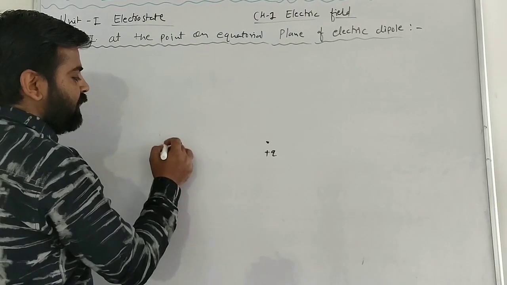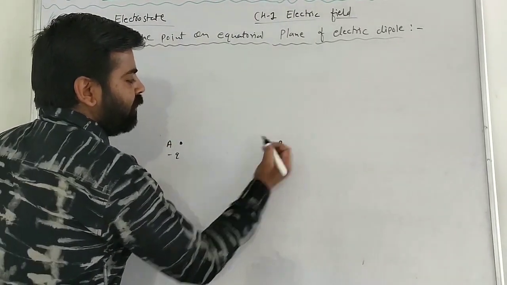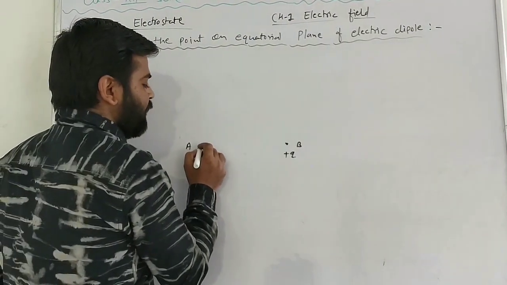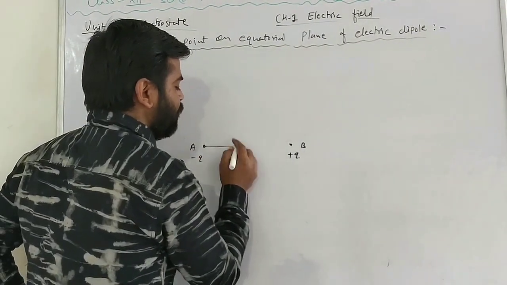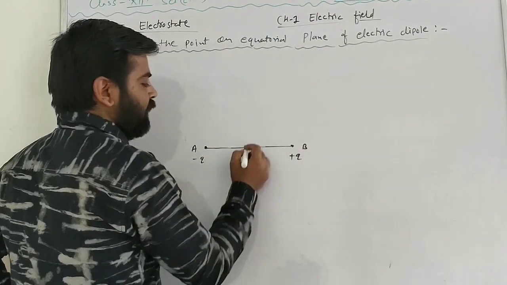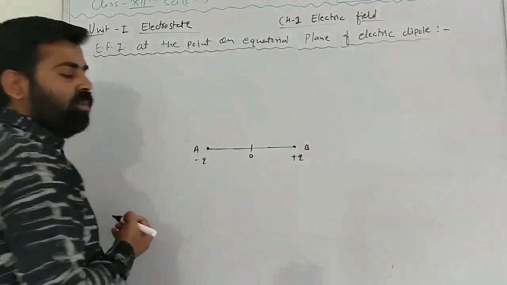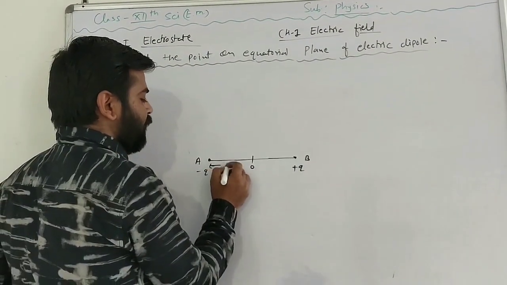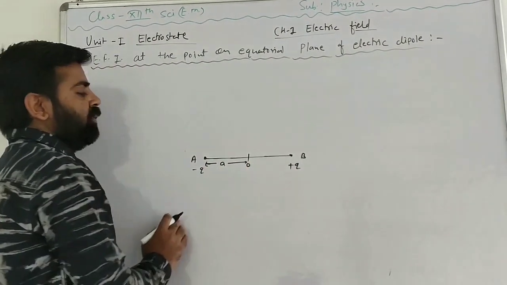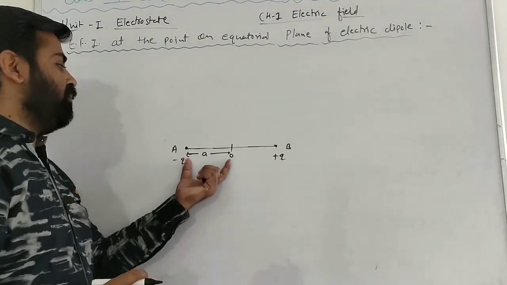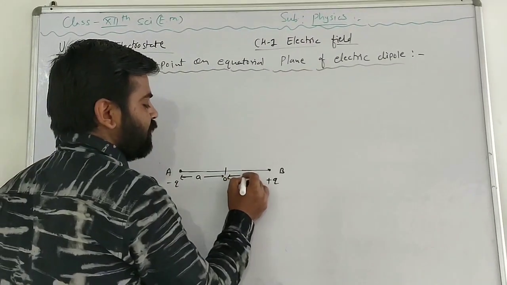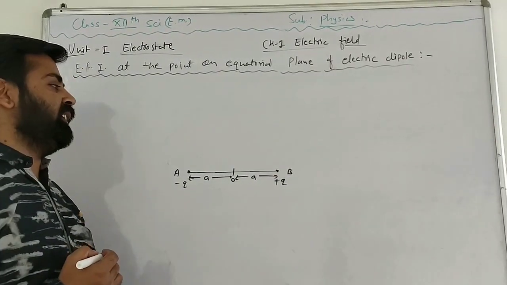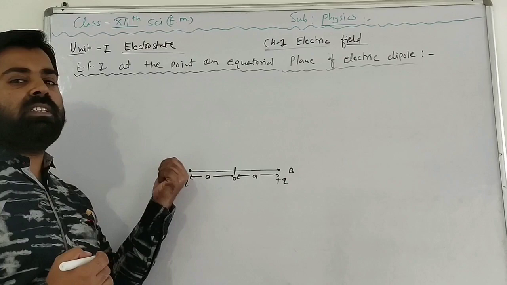We consider these charges are at points A and B respectively. The charges are separated by a small distance 2a and its center point is O. The 2a is divided equally, so we represent AO by small a and OB also small a. We have to find the electric field intensity at any point on the equatorial plane.